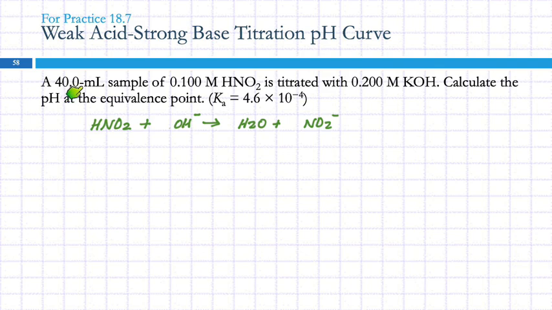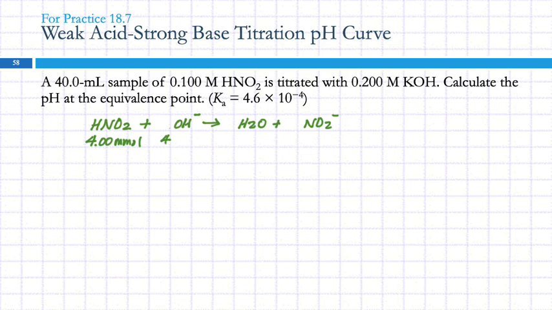So we had 40 milliliters of 0.1 molar HNO2. 40 milliliters times 0.1 is going to give me 4 millimoles. Okay? And I'm at the equivalence point. How many moles of hydroxide do I have? The same, right?